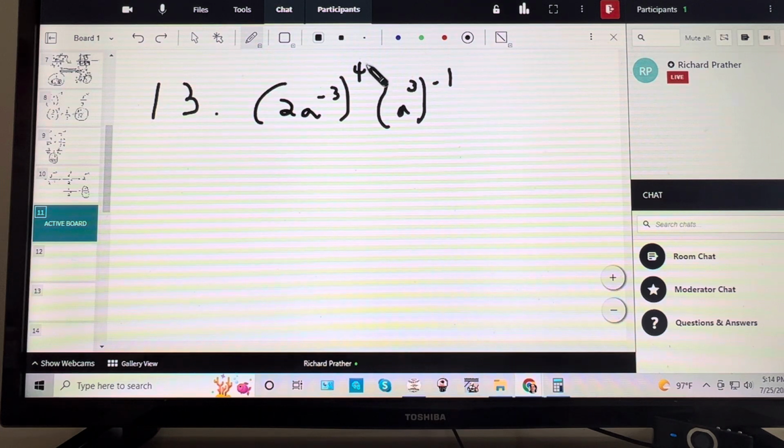Well, this bigger parenthesis, there's 2 things inside, 2 bases inside, so this 4 would go to both of them. And then, since this doesn't have an exponent, you would just get 2 to the 4th.